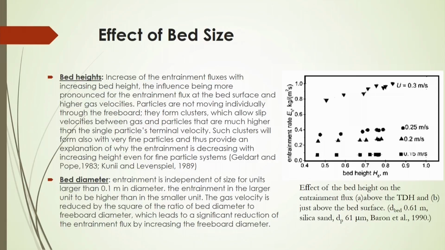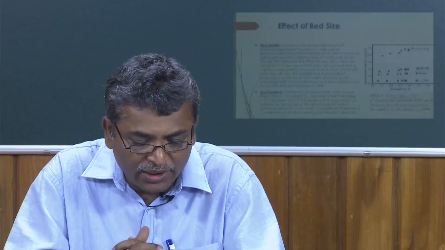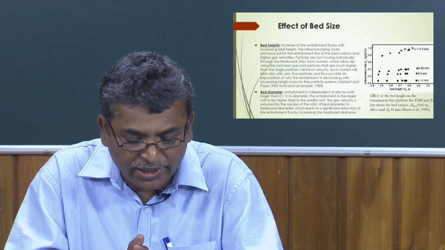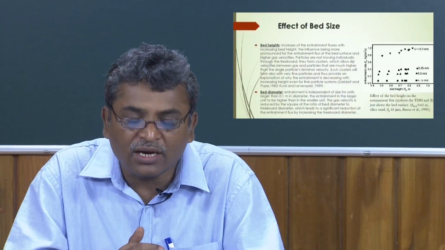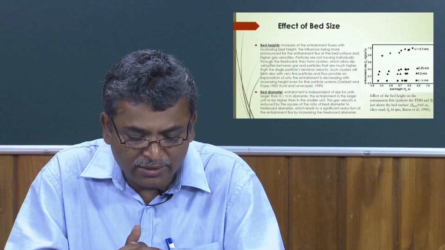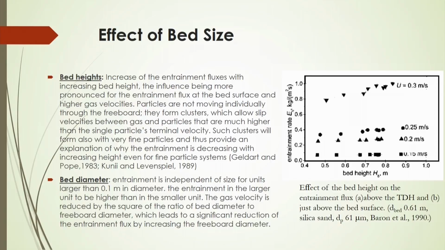Very interesting is that along the axis, if the gas velocity is changing, then there will be a change in kinetic energy distribution, and because of which there will be a change of entrainment rate. And also, if there is cluster formation, then there will be a slip between the gas and the solids, and because of which there will be some change of terminal velocity.